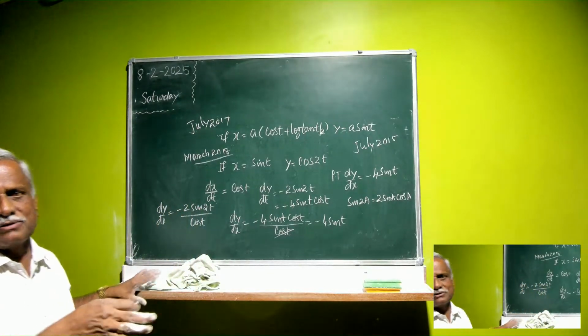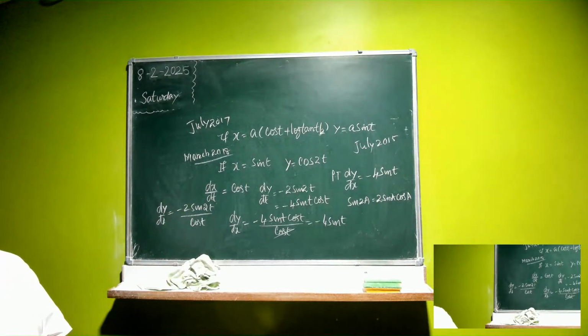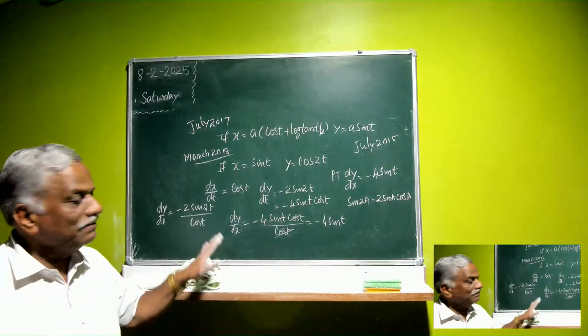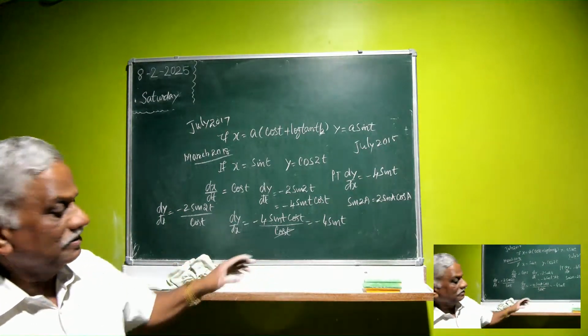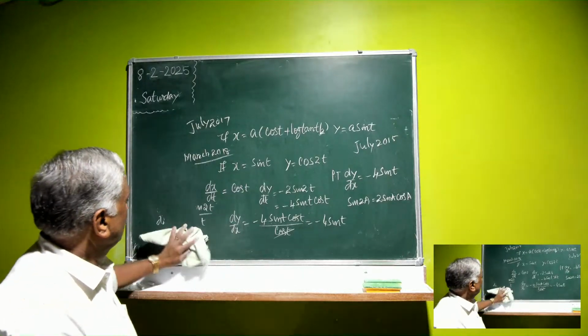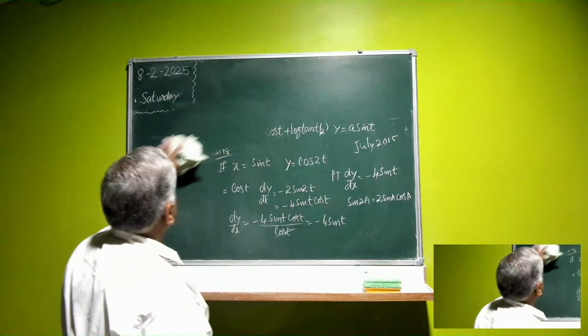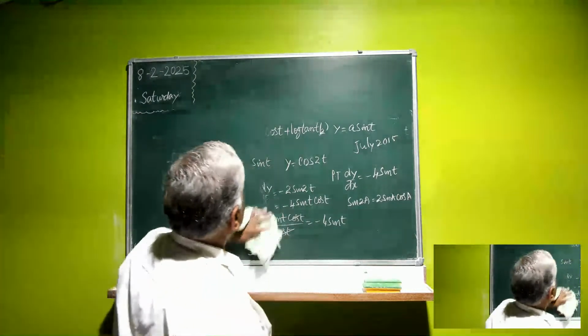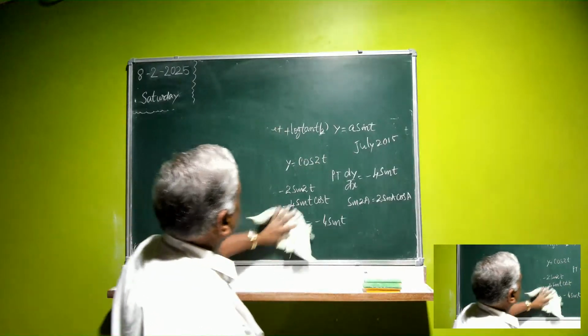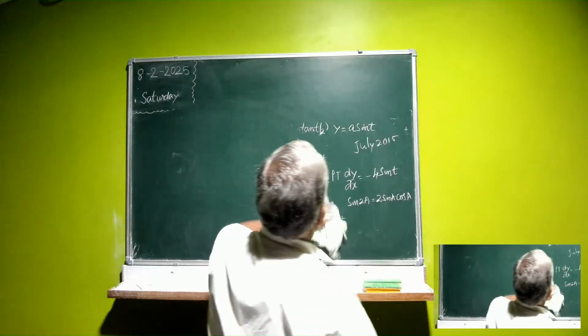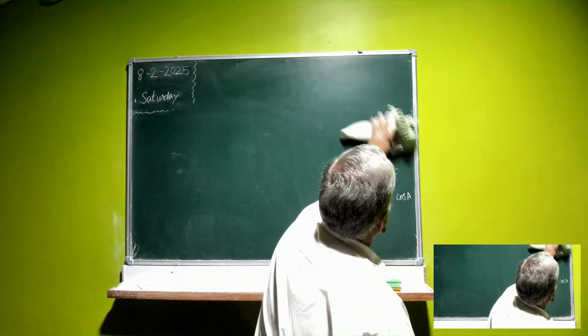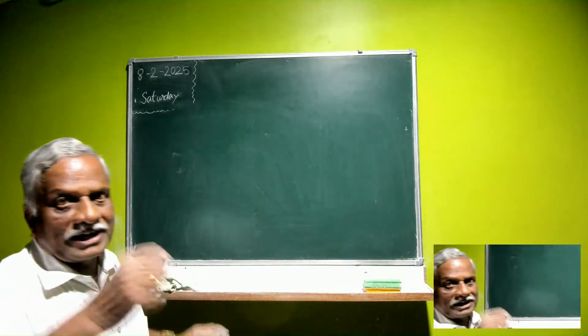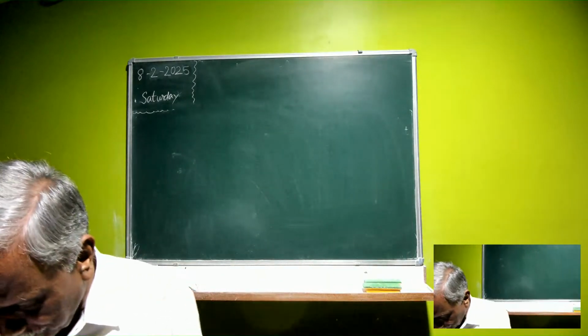Don't try to manipulate and make up the answer. You lose 1 mark. Whatever you present, the paper should be properly presented so that you don't lose marks for the part of the paper you have presented properly.